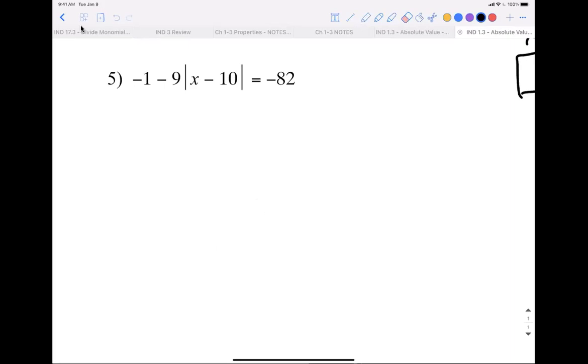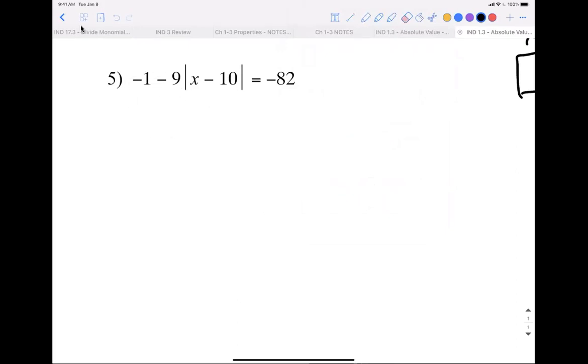So looking at everything that you've got on the same side as the absolute value right now, you have this -1, right? And it's attached right here with this negative sign. So it's attached with addition, subtraction. So that -1 is kind of the easier branch to break off. It's not as strong of a bond as, say, the 9 times the absolute value. 9 times that absolute value is a much tighter bond, so it's going to stick longer.